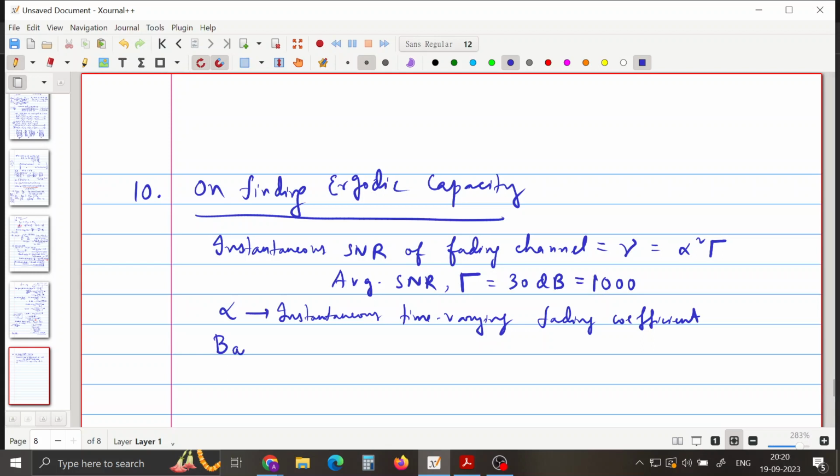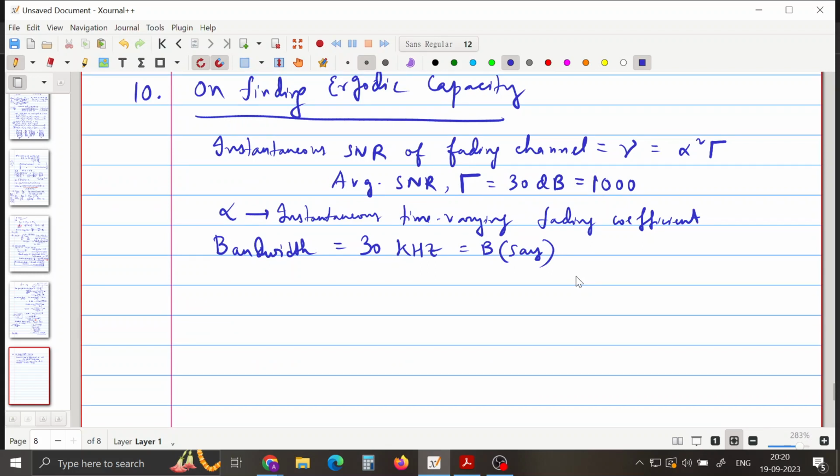Bandwidth of channel is given as 30 kilohertz. Let's say I will label this by some variable capital B.